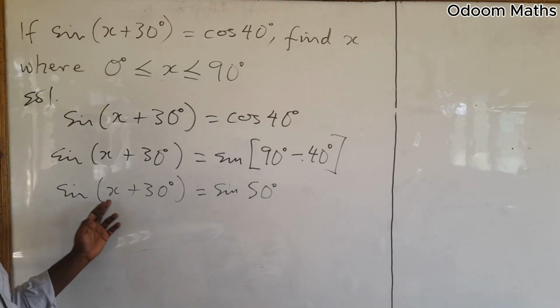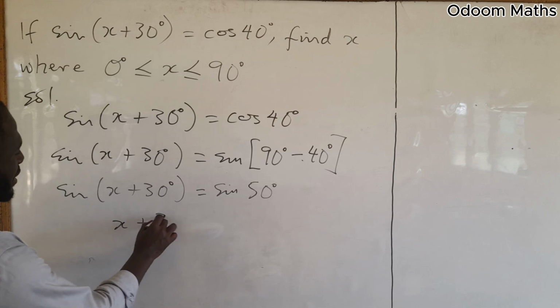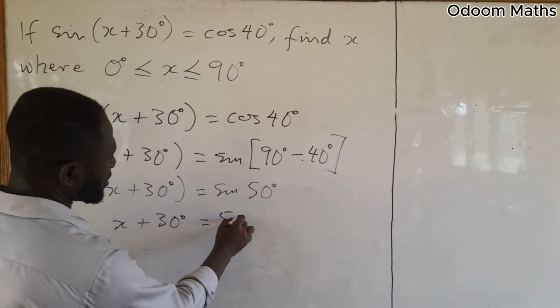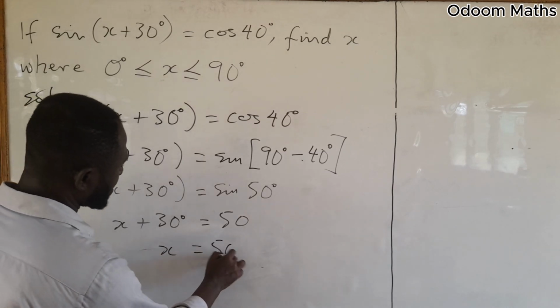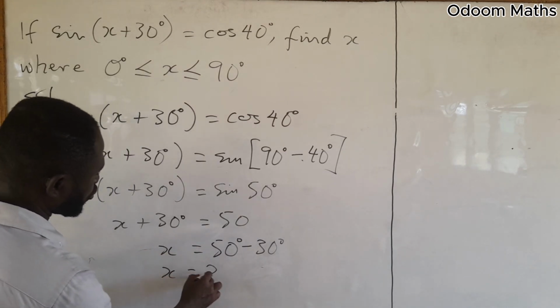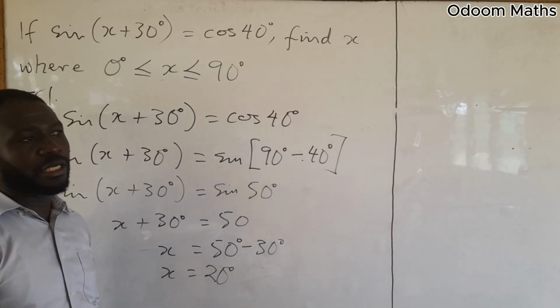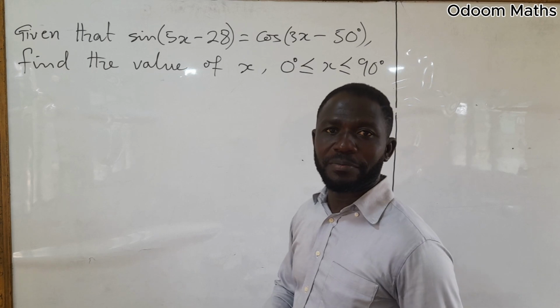Since sine of (x plus 30) is equal to sine 50, then we can say x plus 30 is equal to 50 straight away. Then x becomes 50 minus 30, so x is going to be 20 degrees. Now let's look at this final example.